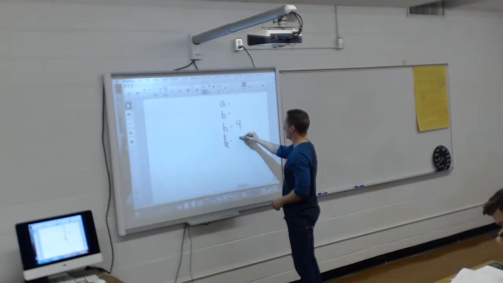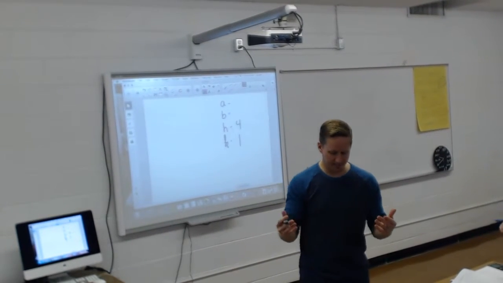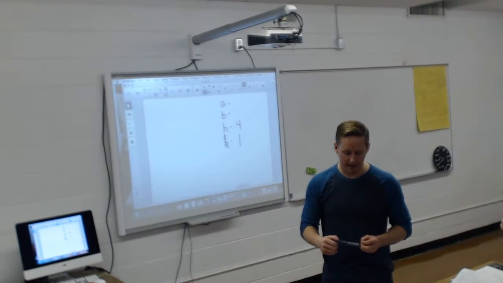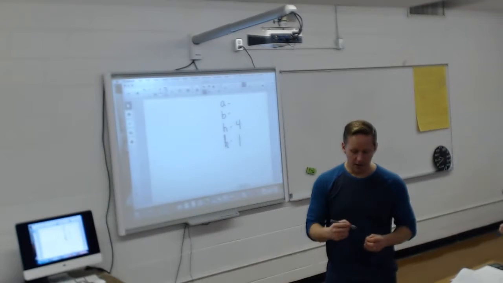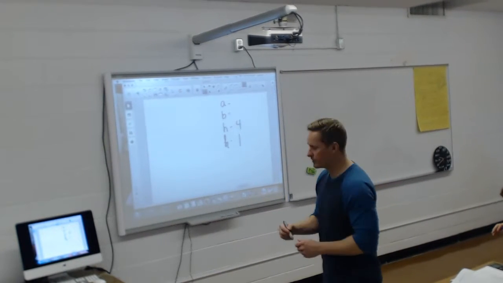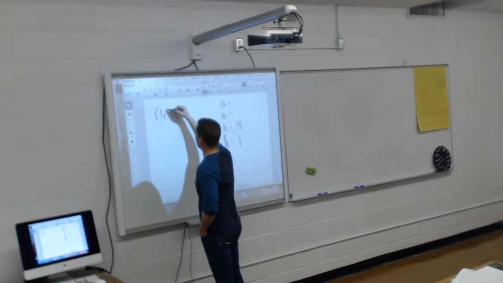All right, and K value is what? +1. Okay. So now, this is the part that makes it more difficult. If you look at that graph, your 1,1 value moves to the right and up. Okay, so let's focus on this point for right now.